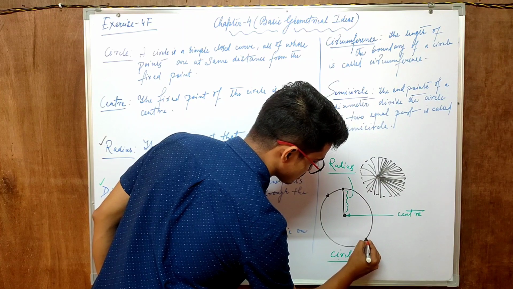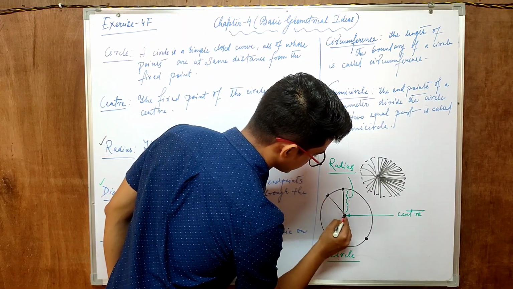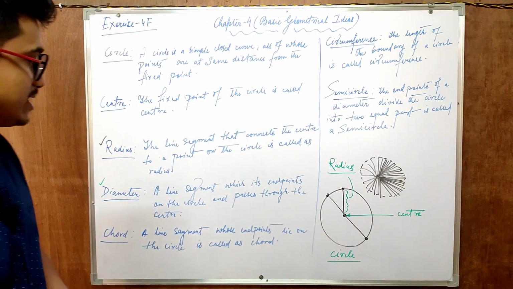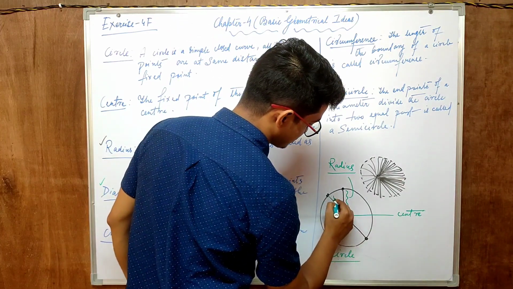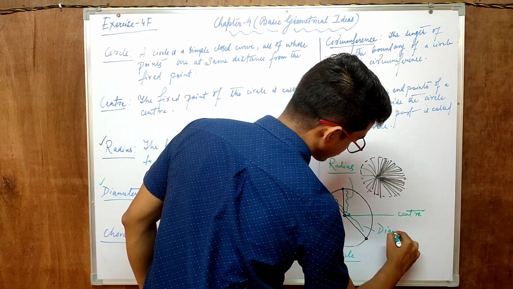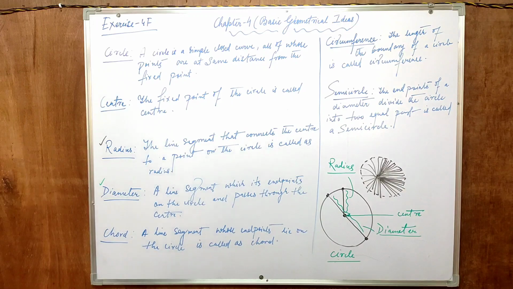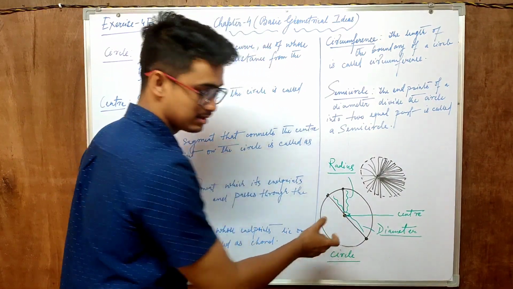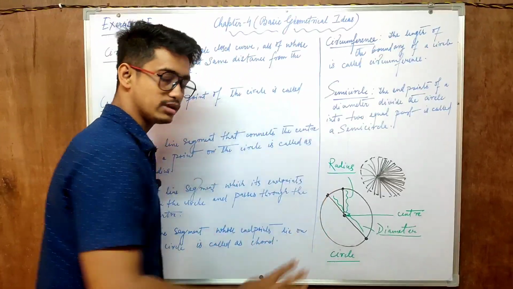If I take this point over here and join this line, this line is called the diameter. This distance is called the diameter. If you observe carefully, here the radius is the line segment which is connected through the center and a point.